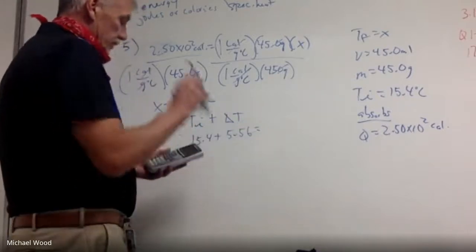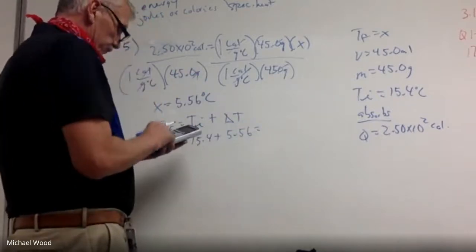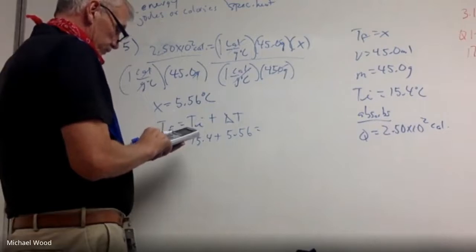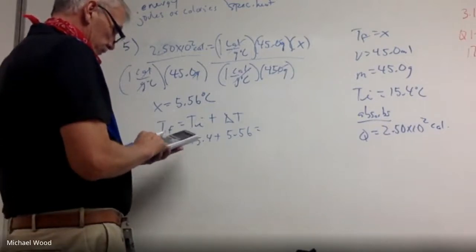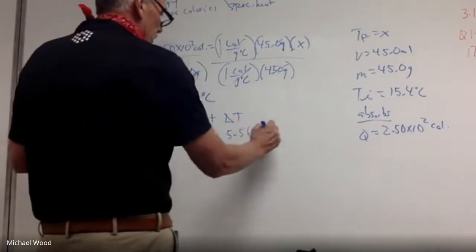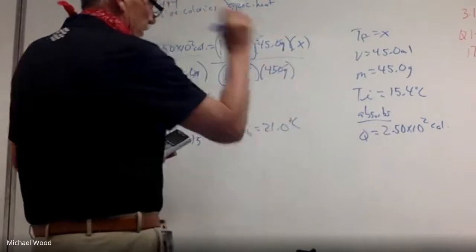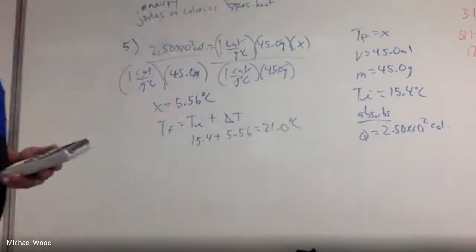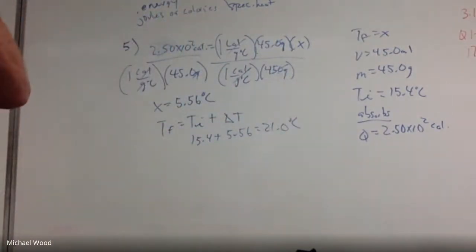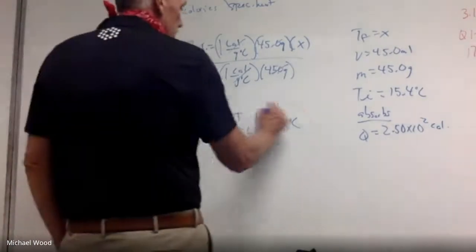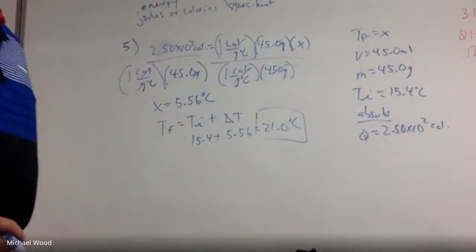And when I do that, it gives me 20. Really, again, if I go back and look, the numbers I was given were 3 sig figs, so I'll go to 3 sig figs. So my answer there is 21 degrees Celsius.